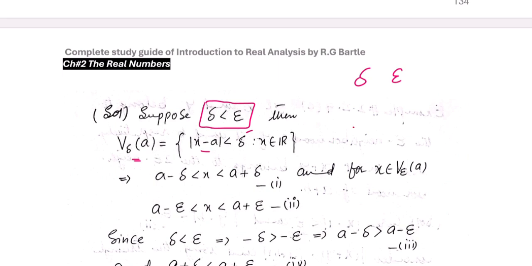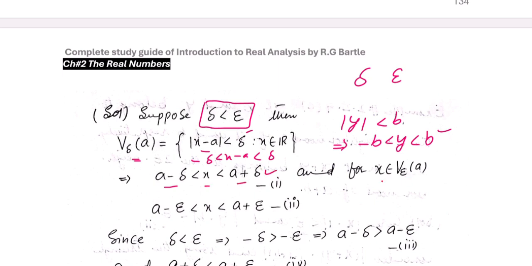By using the inequality which says absolute value of y is less than b, where b is a positive real number, this can be expanded as minus b less than y less than b. So by using this inequality here, this can be written as minus delta less than x minus a less than plus delta. By adding a in each part, we have a minus delta less than x less than a plus delta. Say this is my inequality number 1.